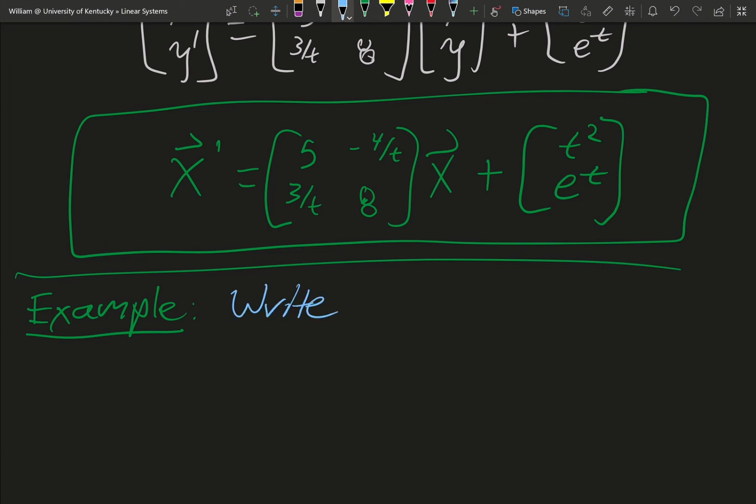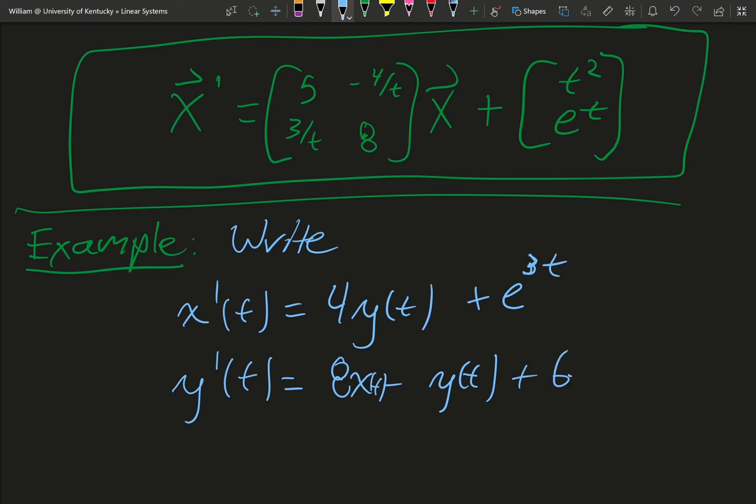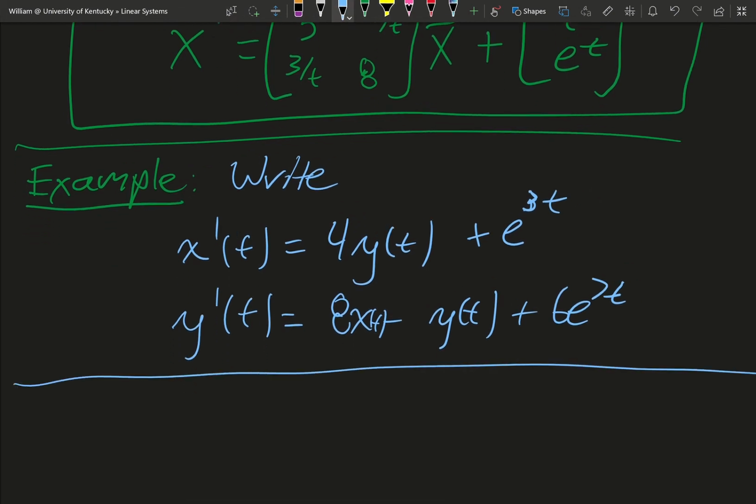So write x prime equals 4y plus e to the 3t, y prime equals 8x minus y plus 6 e to the 7t. And we want to write this as a matrix equation.